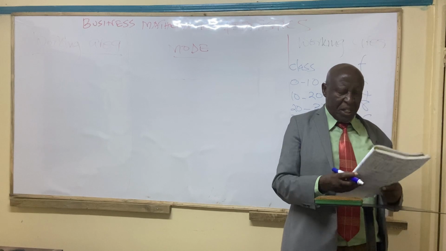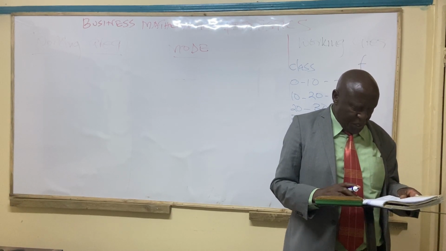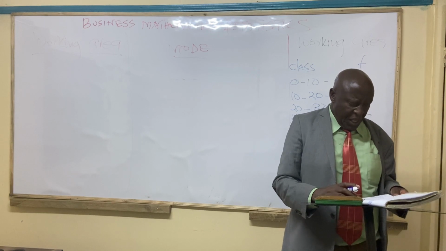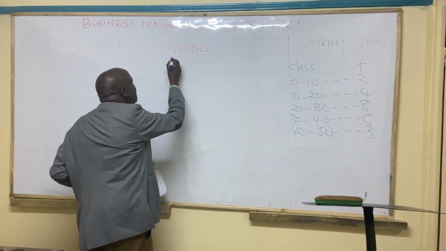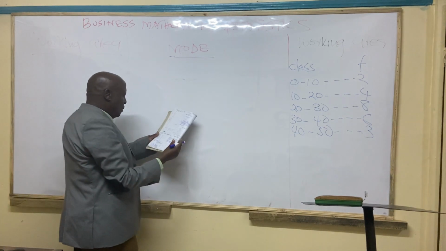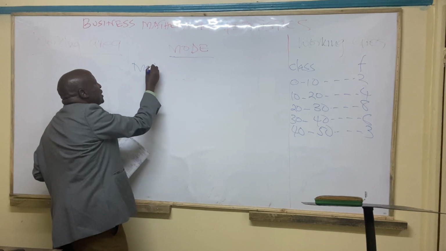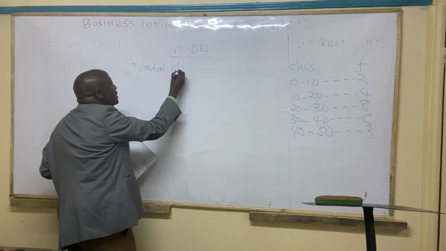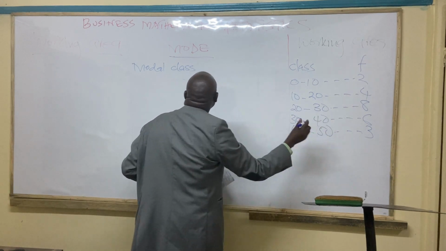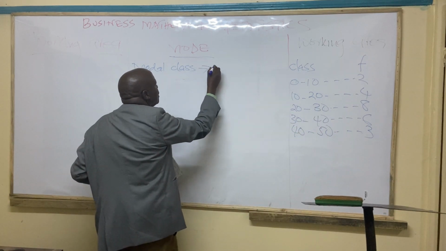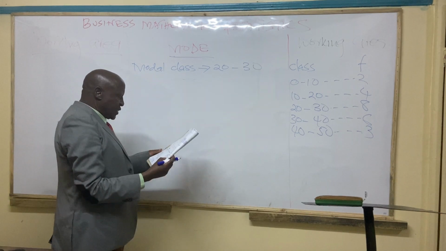This formula that we can use to calculate the mode is given as follows. We say mode. This is our mode. We say modal class here. Our modal class in this question is 20 to 30. That's our modal class.